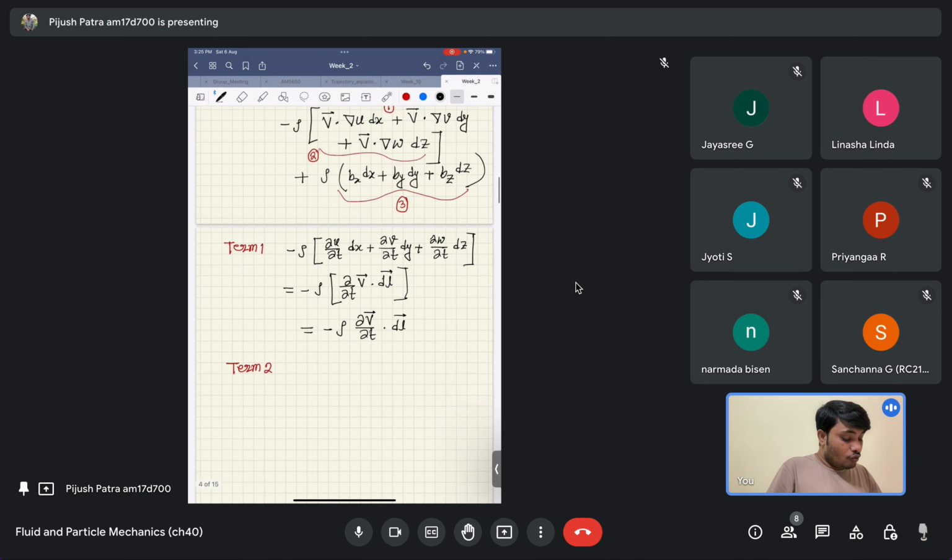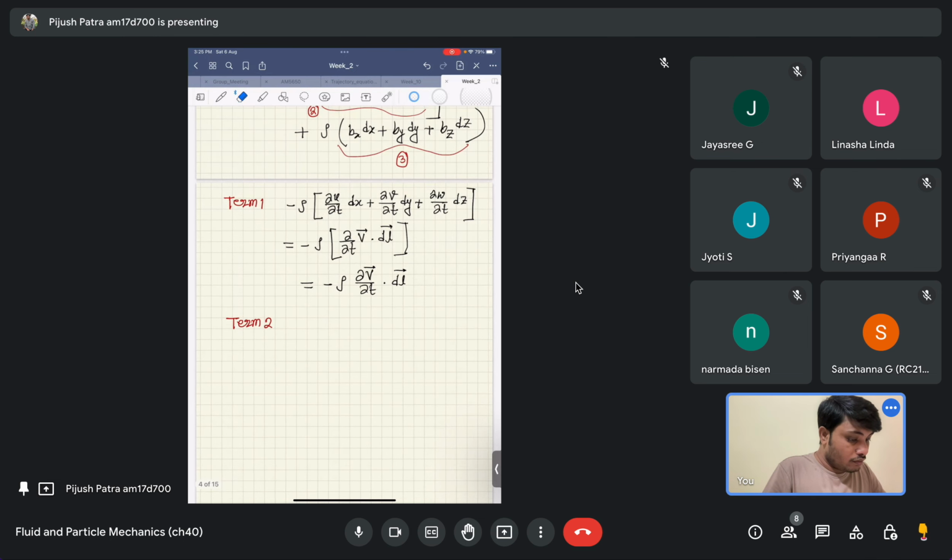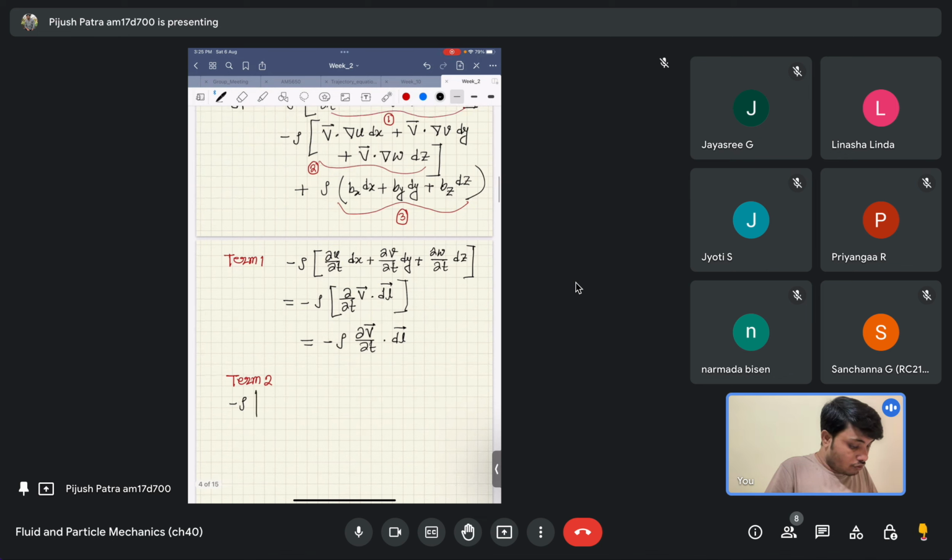So in term 2 I have minus rho into v dot gradient of v.